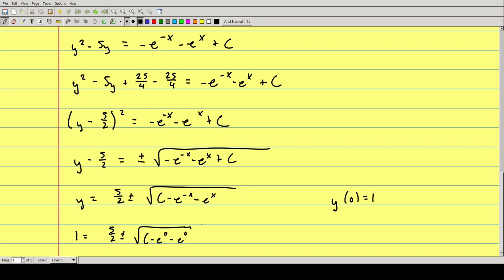Yeah, we're going to find out that that has to be the case. You're correct. All right, so we have this expression here. And then e to the 0, of course, is 1.